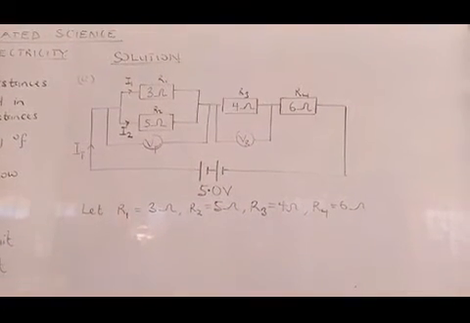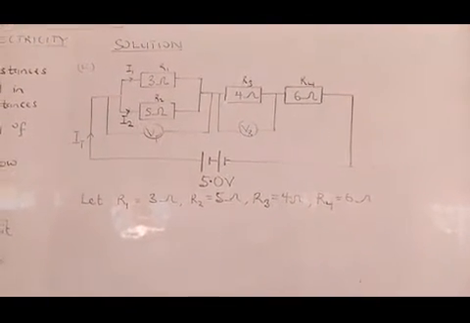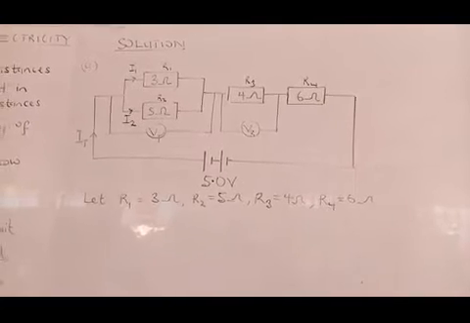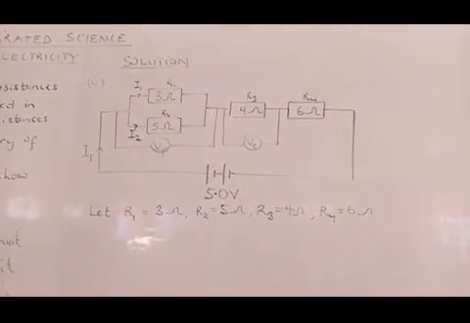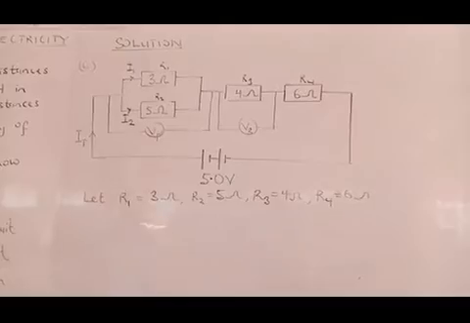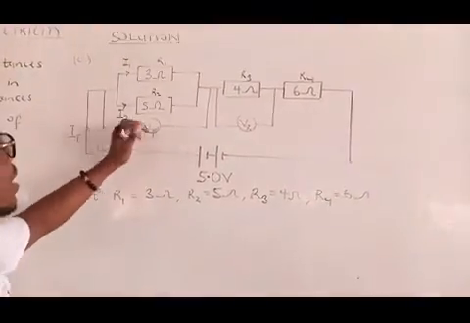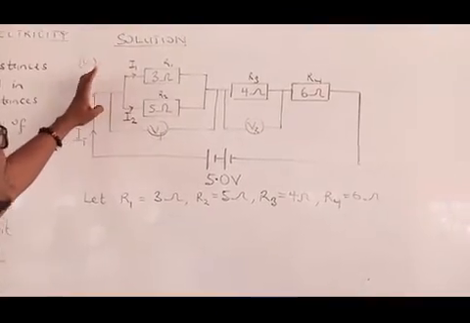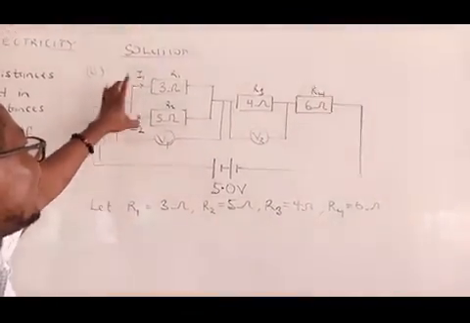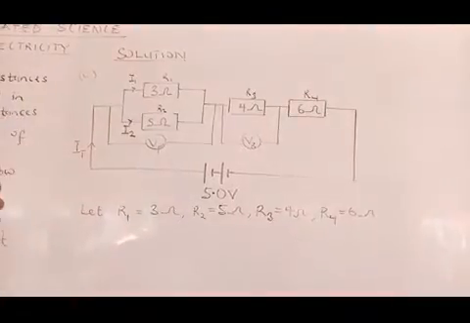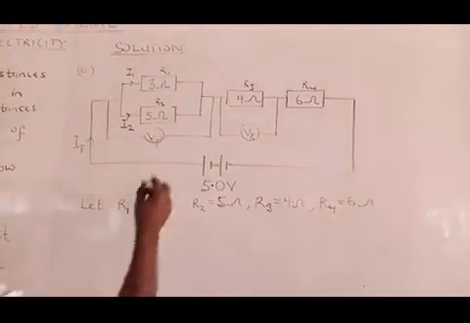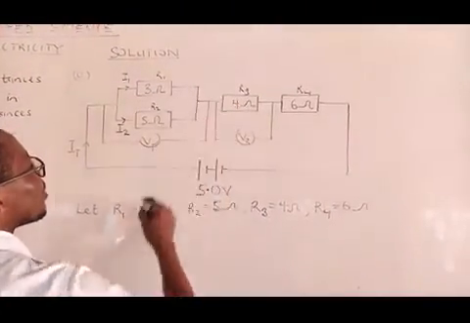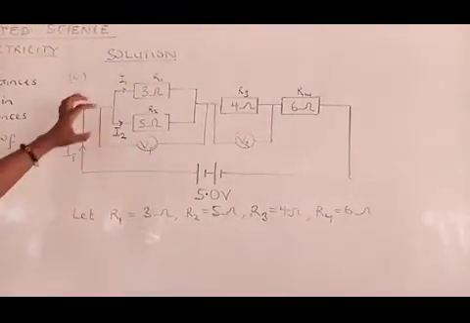Okay, so question B says calculate the effective resistance in the circuit. We've come across a question involving a diagram where we have resistors that are in power and then the power resistors connected in series with other resistors. So from here, these two are in power.